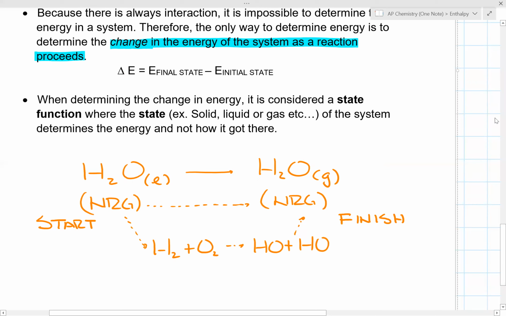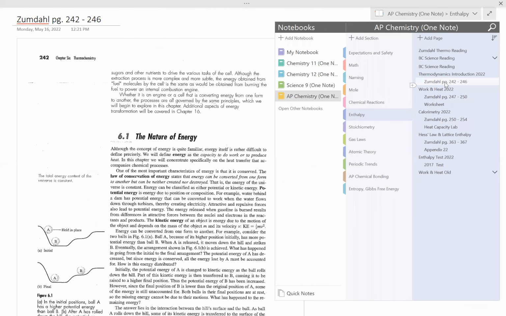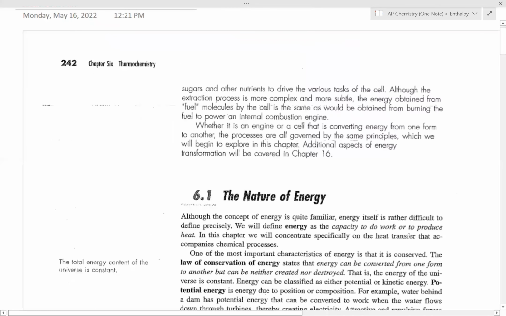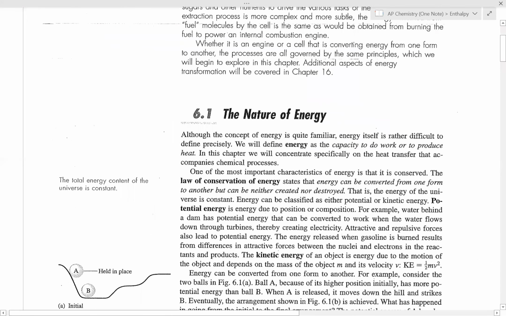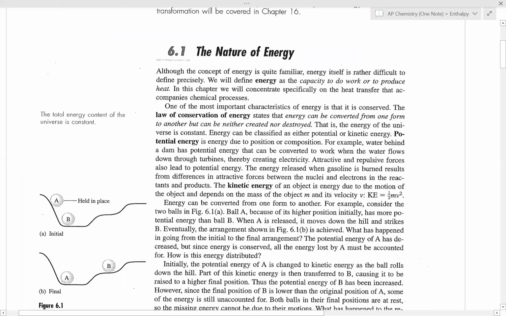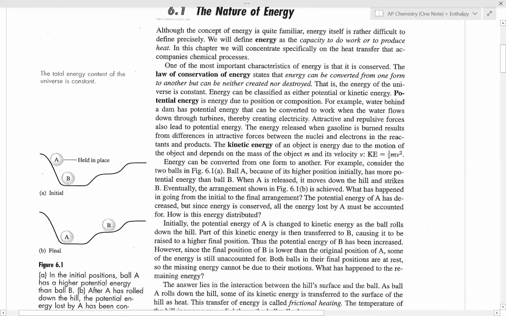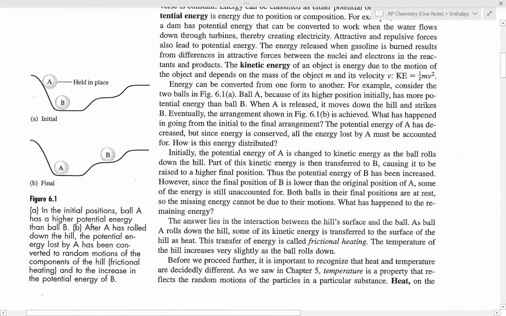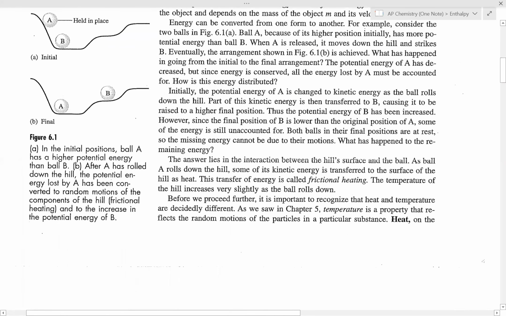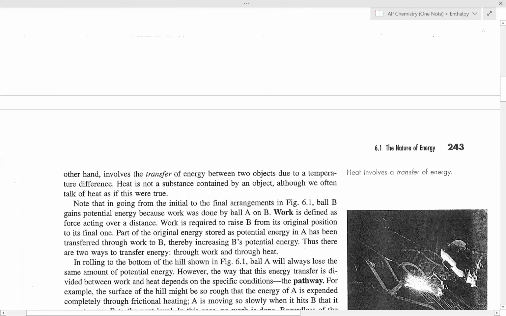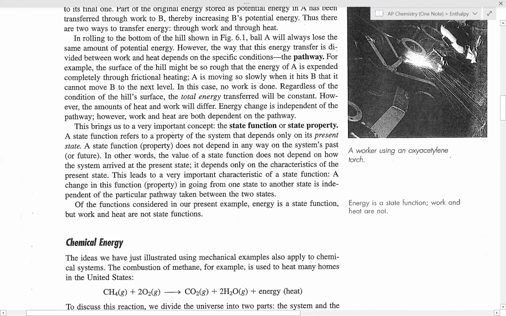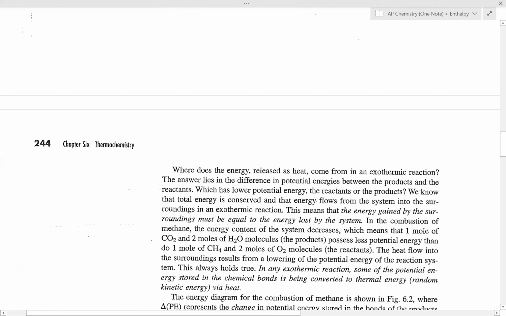Now, if you take a look in your textbooks, on page 242 in your Zumdahl text, they break it down into a little bit more detail. My suggestion would be for you to go through it and make sure that you understand what they're talking about from page 242 all the way to 245, 246.